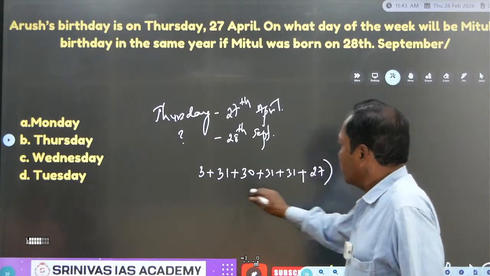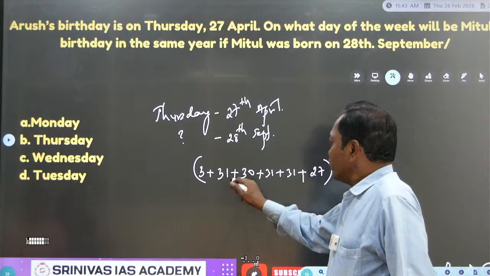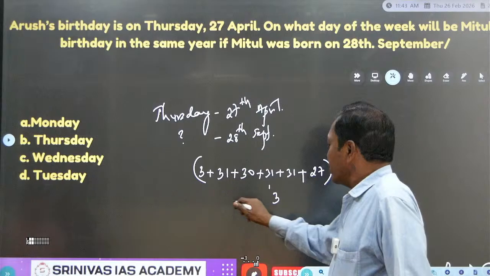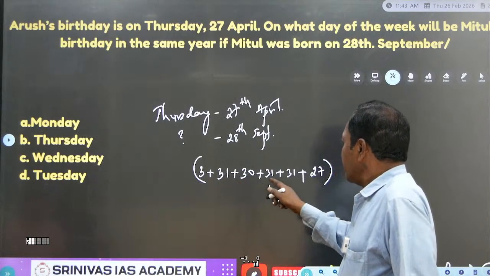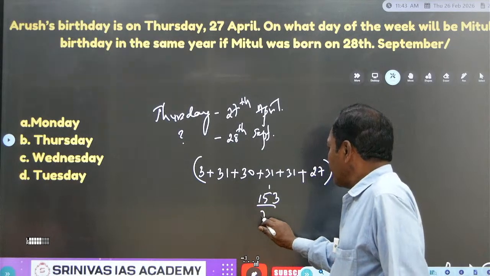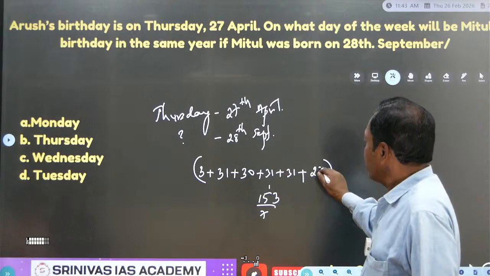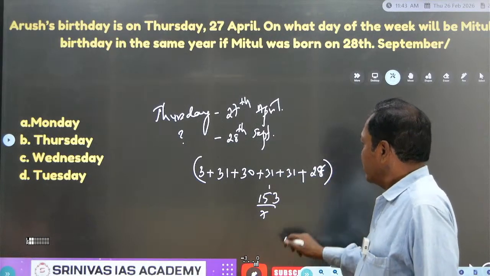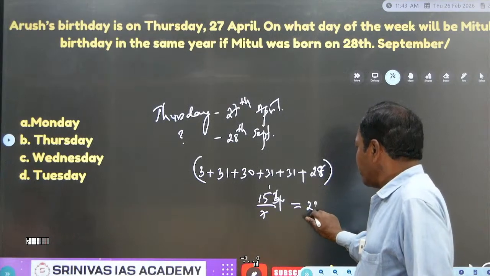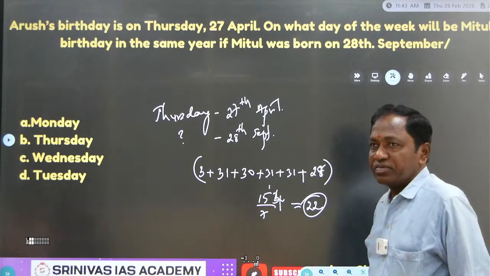You have to add up the total of all these. 3 plus 31 is 34, 64, 95, 126, and 28 gives 154. Now 7 twos are 14, 22 weeks. We have to see the total number of days between them.